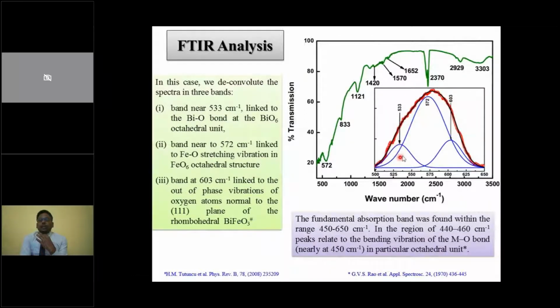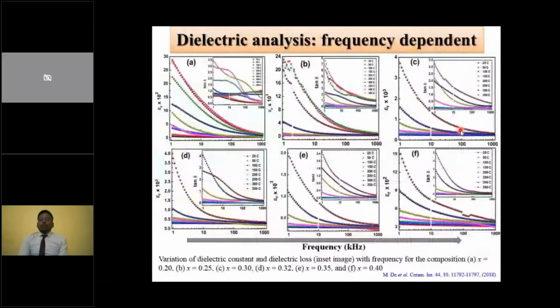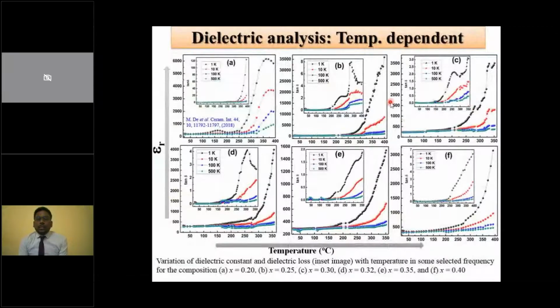Near 533, it is because of the octahedral rotation, the vibrations related to the bismuth and oxygen octahedra, and this is related to the FeO6 octahedra, and this one near 603 is because of the out of phase vibrations of the oxygen atom, normal to the 111 plane direction, that is connected together, and other rhombohedral structure.